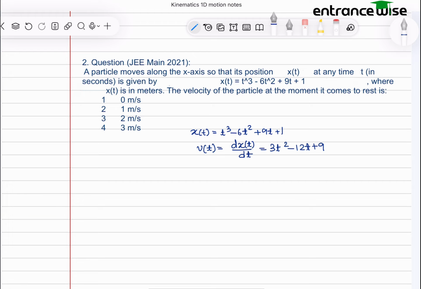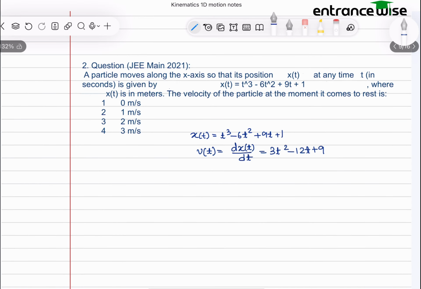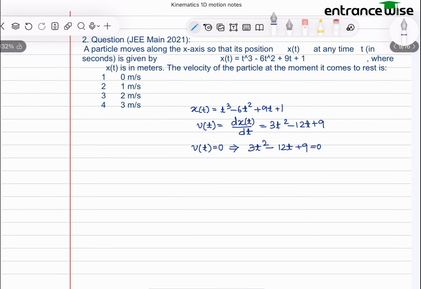The particle comes to rest when its velocity is 0. That is v(t) equals 0. So we can write it as 3t square minus 12t plus 9 equals 0.